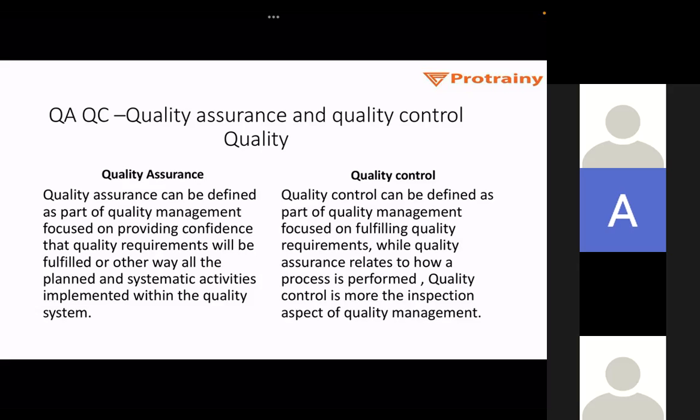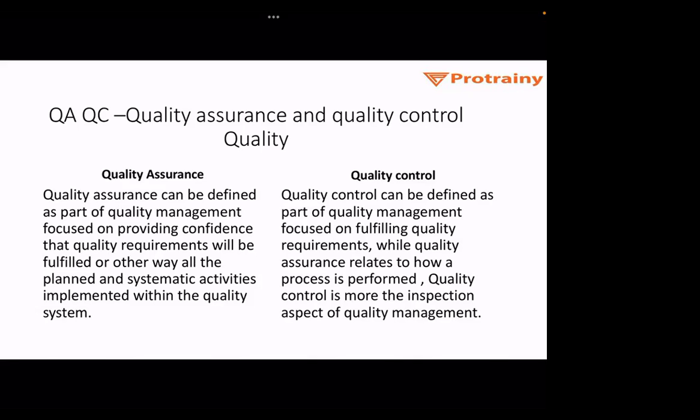So when the system is made, like the method statement or QAP is done, it is the responsibility of a quality engineer, the QAQC engineer, to control what all the process is going on. There should not be any deviation from what the method statement or what the IS code says.